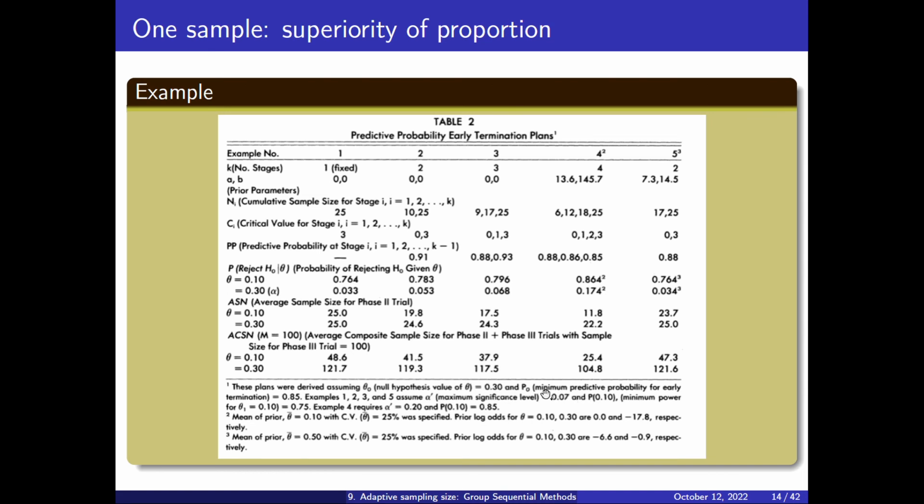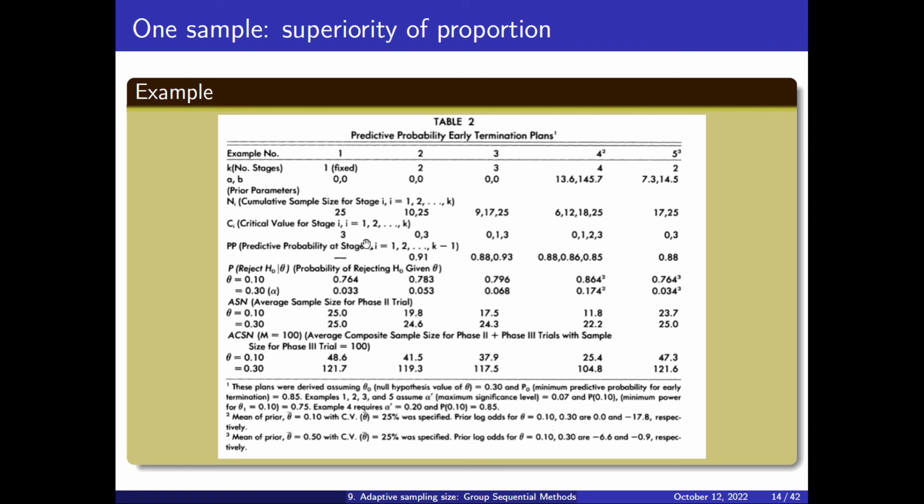We want a minimum predictive probability for early termination of 0.85, and then this is the sample size that we want in total. So in total we will use 25 individuals, but depending on whether we use a single stage or multiple stages, for a single stage we use the 25, and we have a critical value of 3.